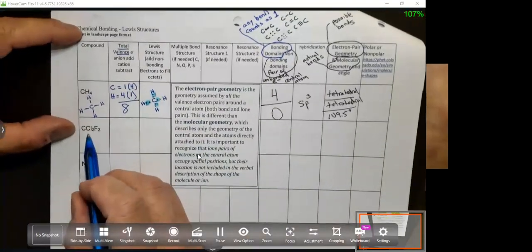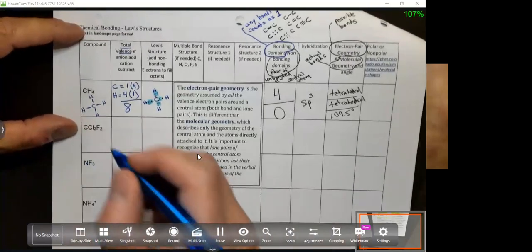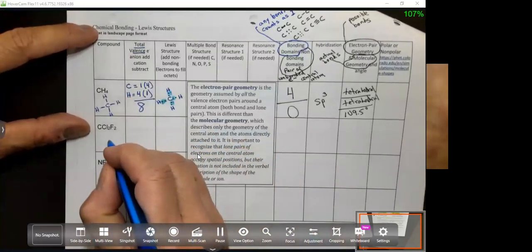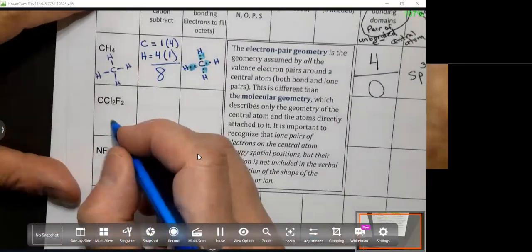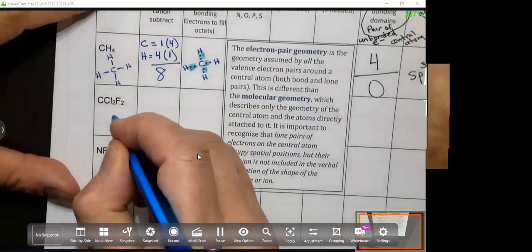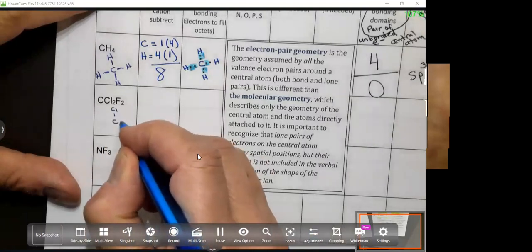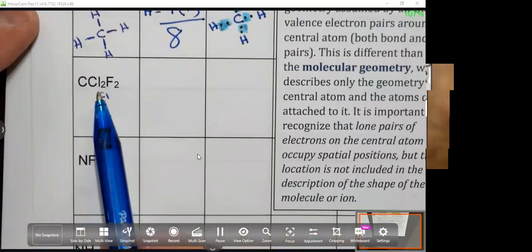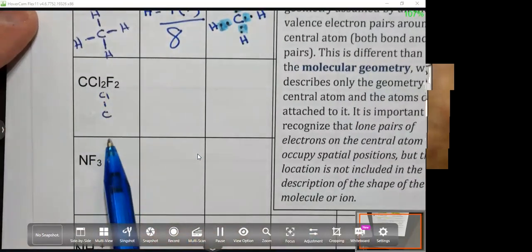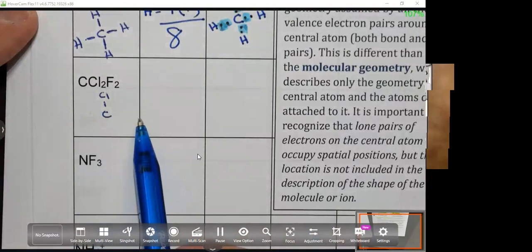Let's do the next one here. We have C, and we can write it right here for our skeletal structure, which is the first thing to do. So you've got C, and you've got Cl, and now you might see this and say, well, do I put the Cls across from each other and the Fs across from each other?